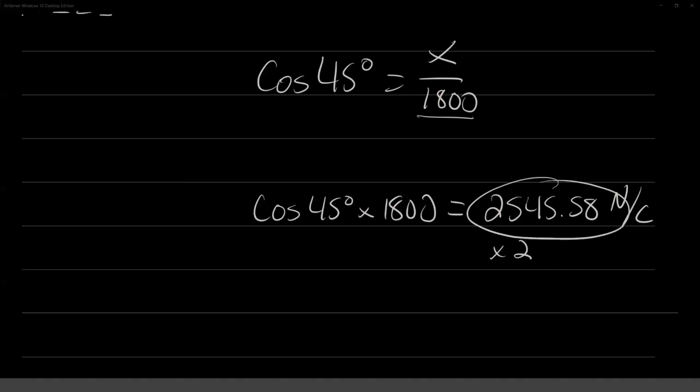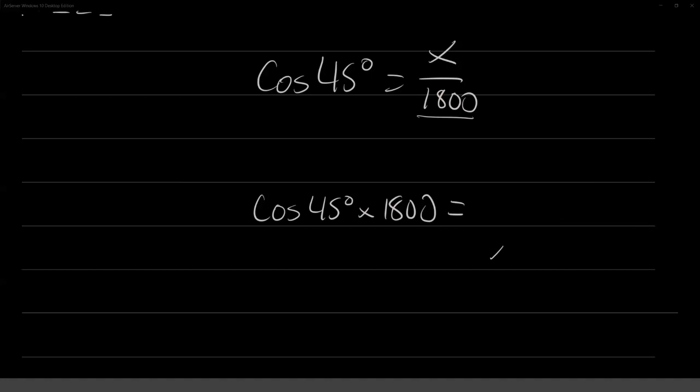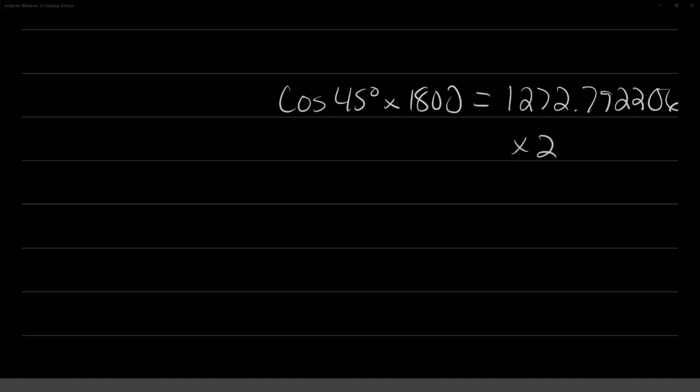I'm sorry about that. What was that number again? 1,272.792206. Then you have to times that by 2, and then you get the answer. Sorry about that. Apparently, I copied. Don't do that.